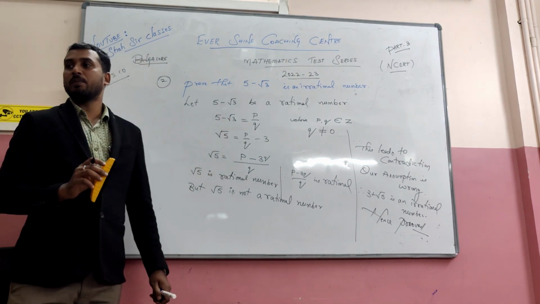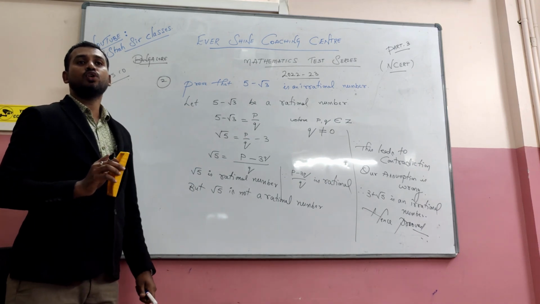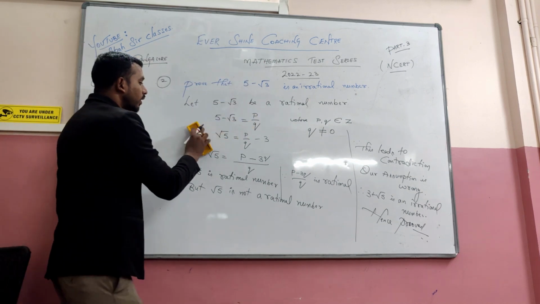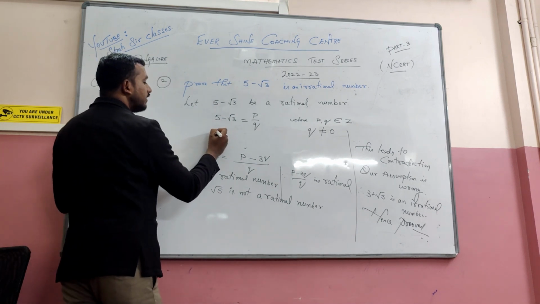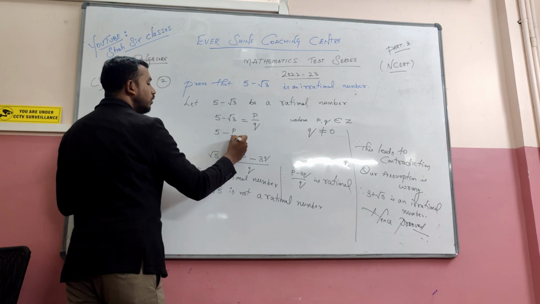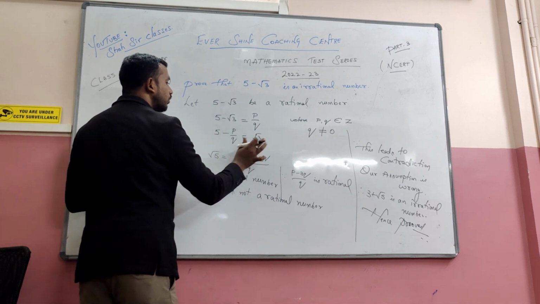After that, root term should be positive, right? But here root term is negative. So what should we do? Minus root 3 we have to shift to the RHS side. So what does it become? It becomes 5 as it is, plus p by q comes this side, minus p by q is equal to minus root 3 comes to the other side, it becomes plus root 3.